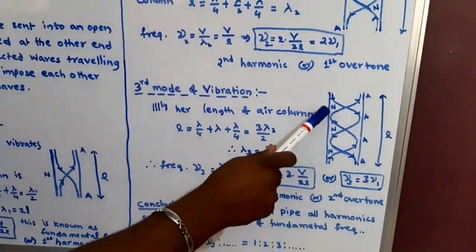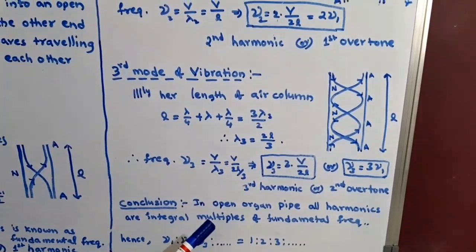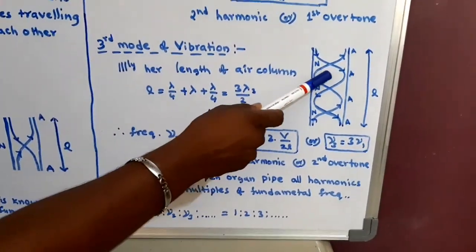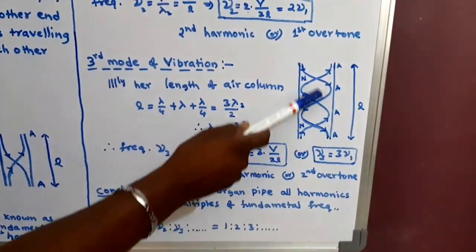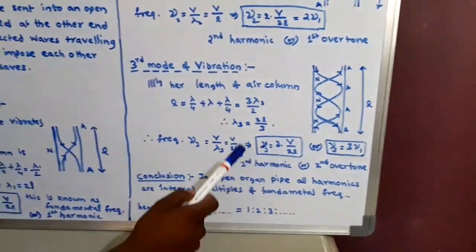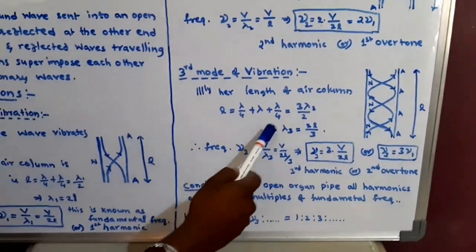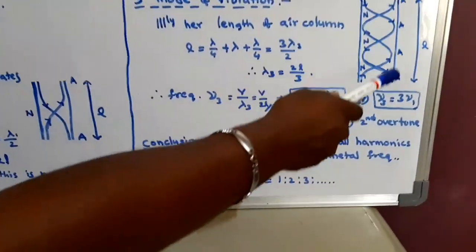See, the diagram represents the third mode of vibration. Here there exist three loops: one loop, and this half combined, make three loops. We don't need to write everything everywhere, so you can write directly the air column length.